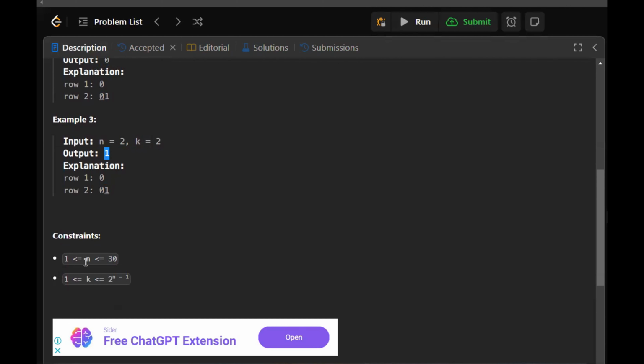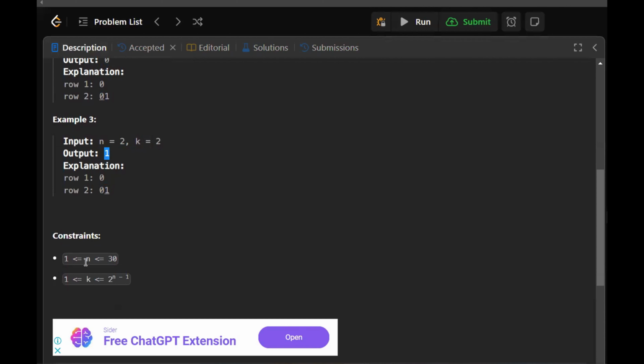Now, did you notice some pattern? Let's see. Suppose we divide the last row by 2. It has a first half and a second half. This first half is exactly equal to the previous row.